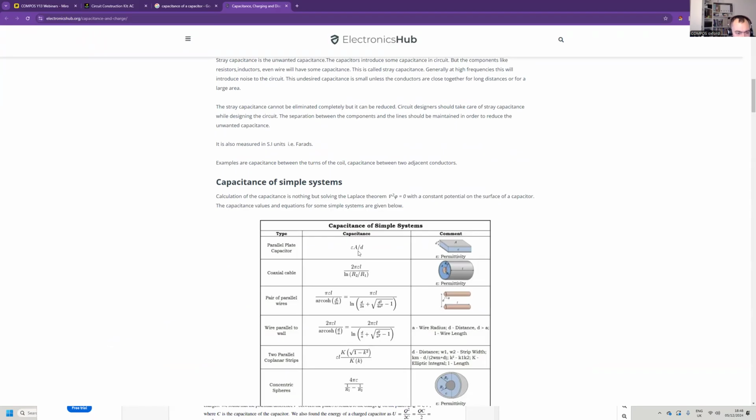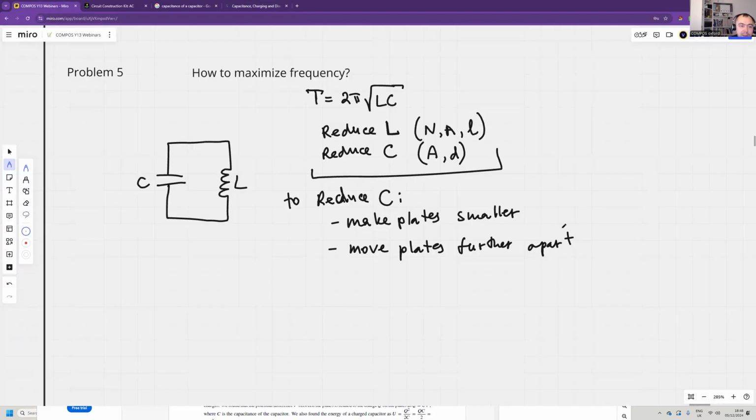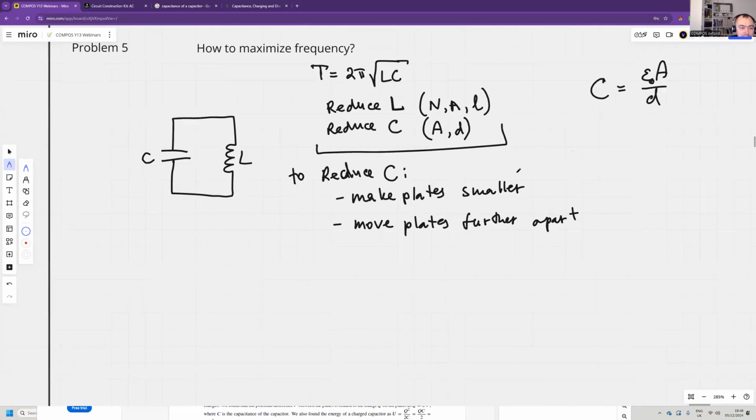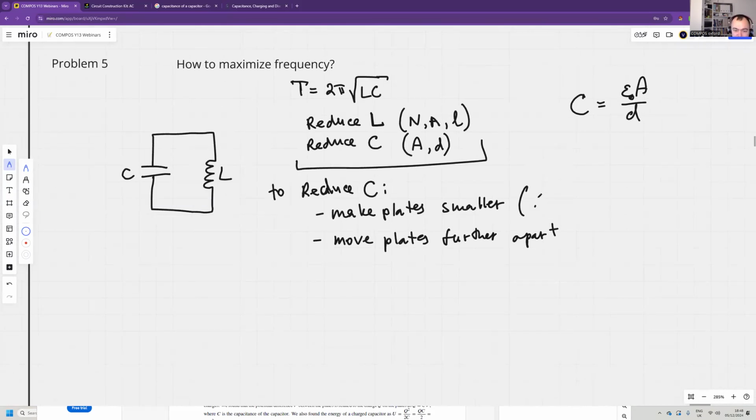It sounds a bit easy. Okay, I think it's epsilon 0. Yeah, epsilon 0 A over D. So capacitance is epsilon 0 A over D. Thank you. So you want to make plates smaller, so reduce A and increase D.